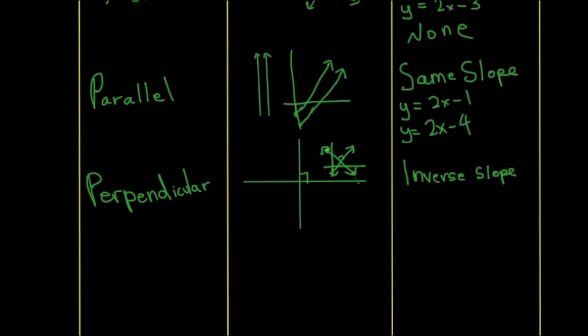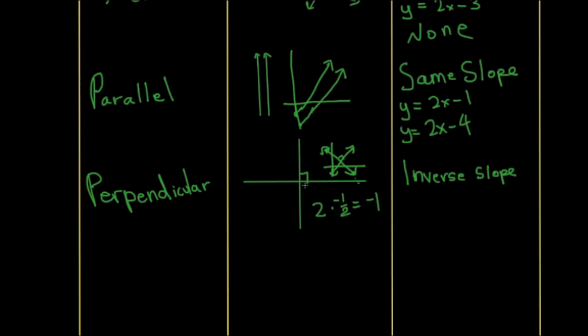So say one line's slope was 2, the other one's would be negative 1/2. An easy way to check is that if you multiply both your slopes, you should get -1. That's an easy way to check that you've got a pair of perpendicular slopes.